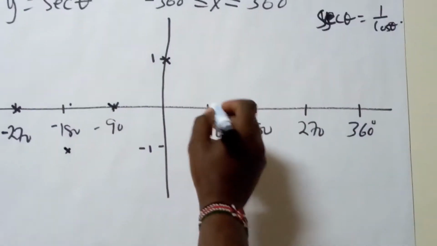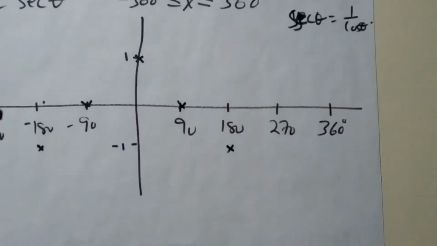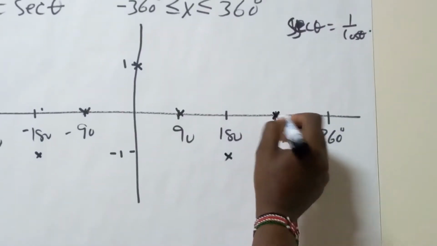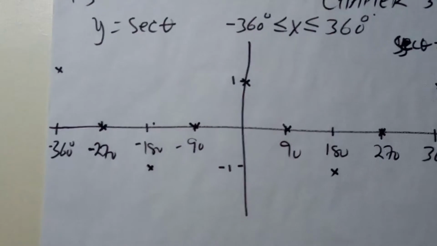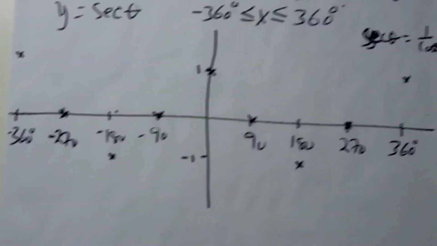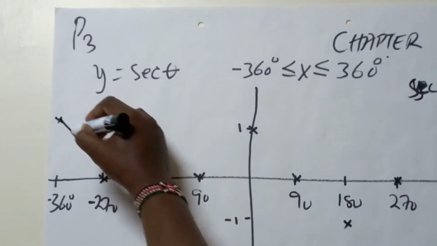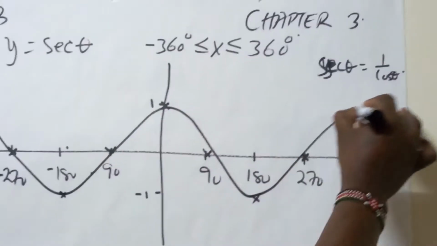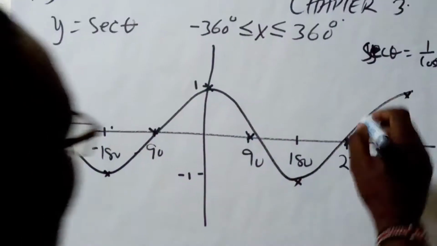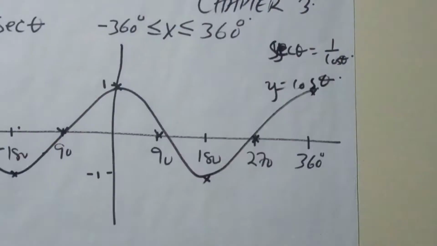Cosine 90 is 0. Then cosine positive 180 is negative 1. Cosine 270 is 0. And cosine 360 is simply 1. Now, having done that, we have the curve of y equals cosine theta.